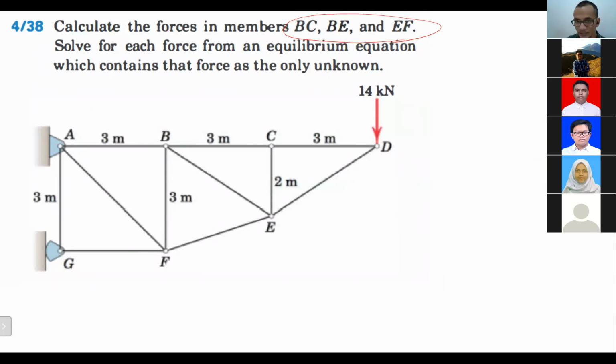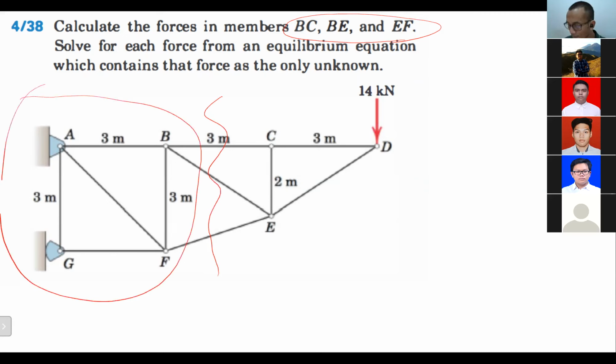So we can use the section method by doing the cutting here. The basic theory of the section method is that when you cut a particular member, that member becomes an external force for both systems, the left free body diagram and the right free body diagram.